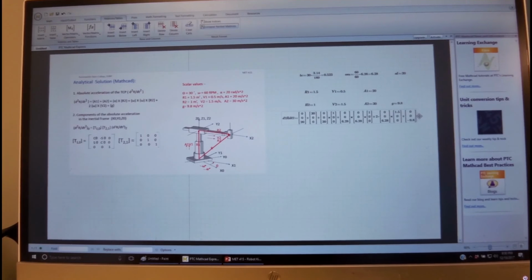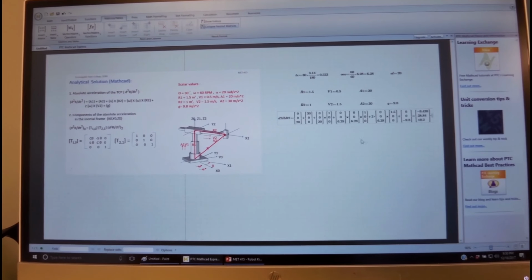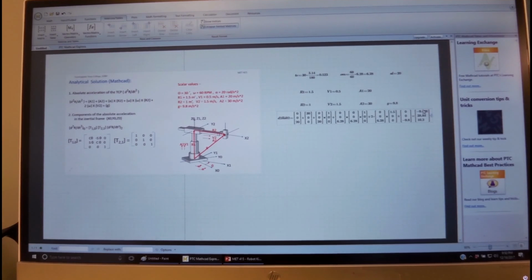So when we add all of these up, we come in here, so it gives us the value of the components of this vector in the x2 coordinate system.